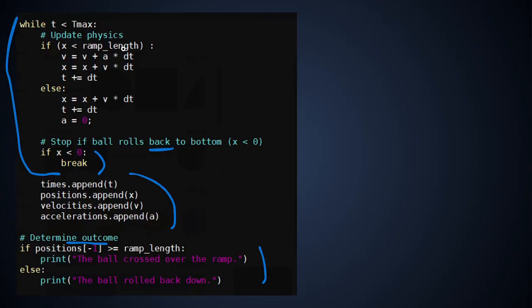Now, the good thing about doing Python based simulations is that it's free. Everybody has access to these tools, and if you run it, you can try various things, changing the speeds, changing the length of the ramp, all those things. You can see the impact of those variables on the outcome.